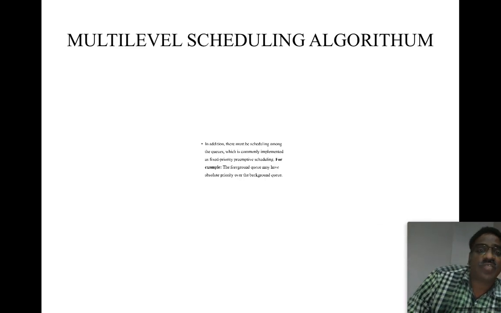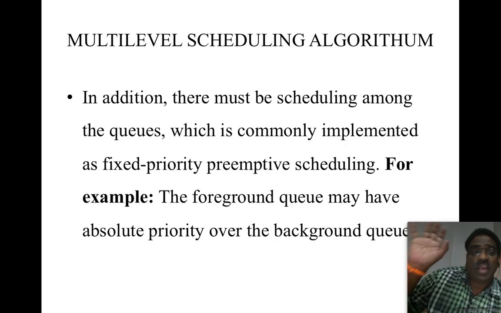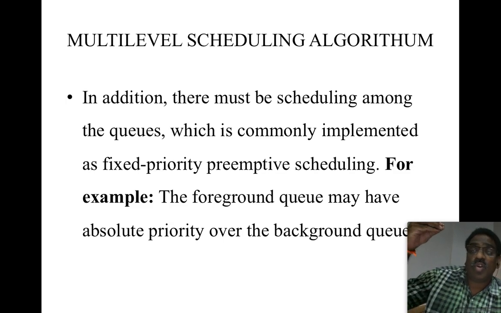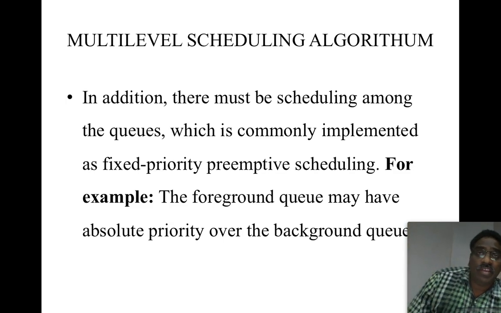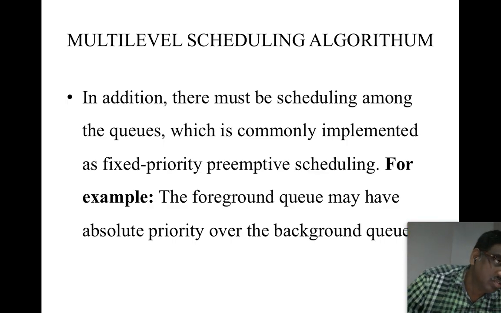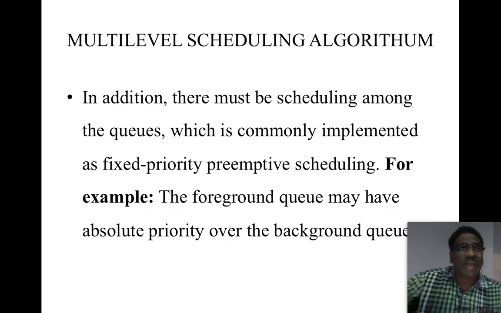And the next one is that multi-level scheduling is preemptive scheduling only. In that, the foreground process has more priority compared to the background process. Why is priority given to the foreground process? In multi-level scheduling, different tasks will be there.